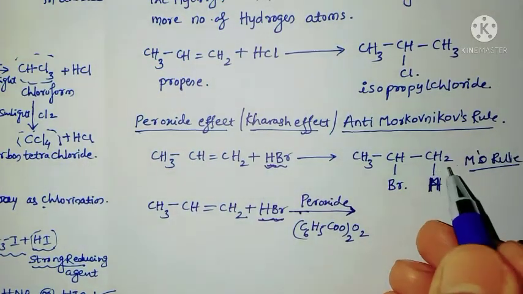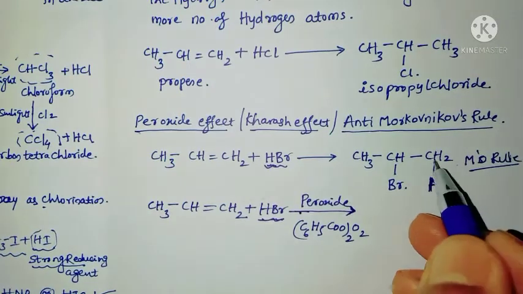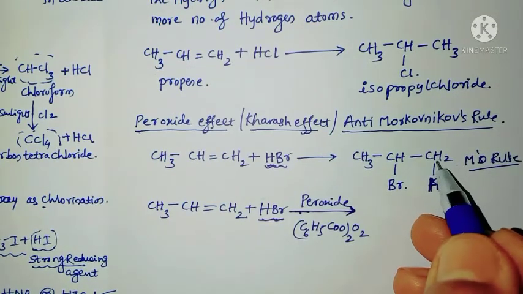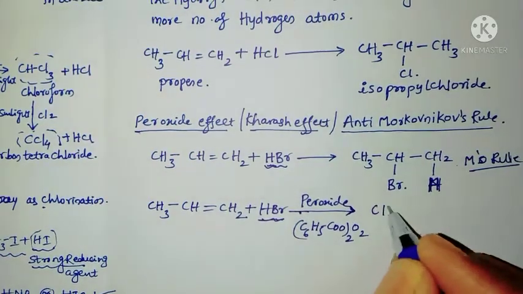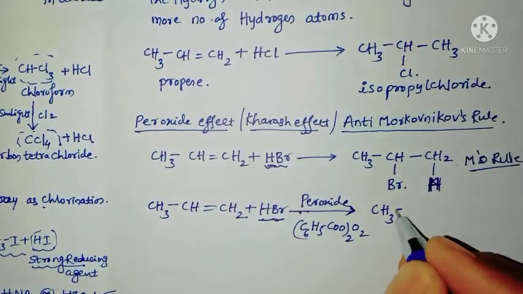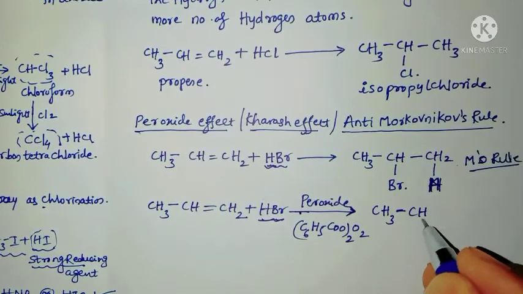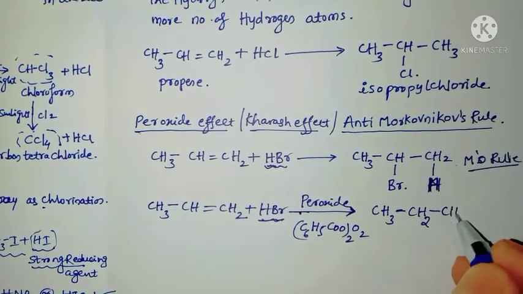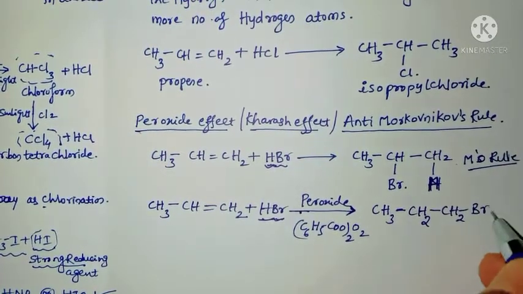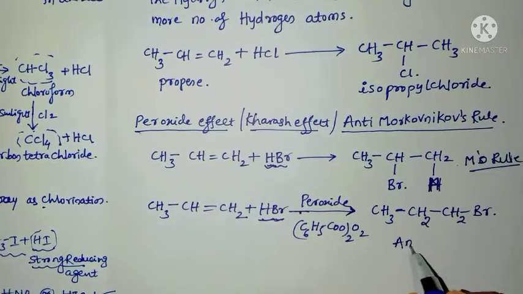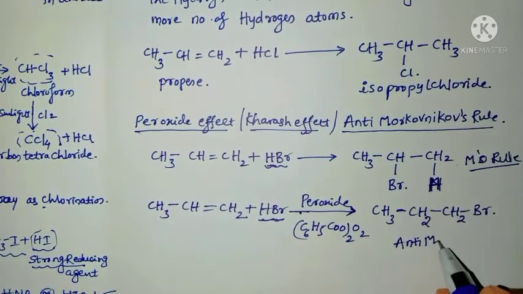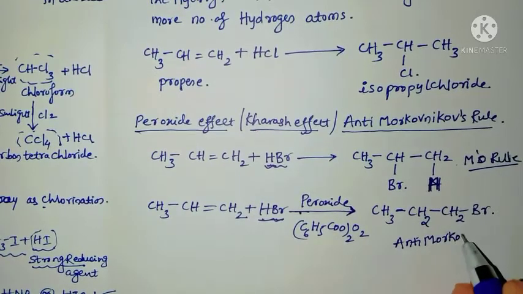What we had earlier, where H is attached to the carbon having more hydrogen atoms, now takes place the other way: H adds here, and then CH2Br addition takes place. So this is the anti-Markovnikov's rule.